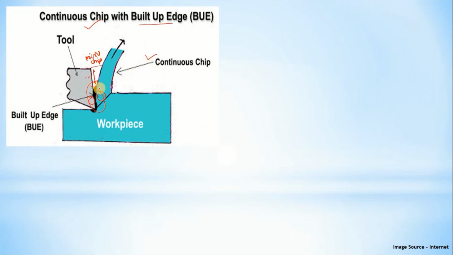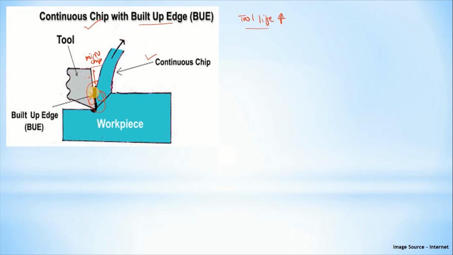Due to that built up edge, the tool life is increasing, but there are some adverse effects, such as a rough surface finish on the workpiece whenever the built up edge is formed on the rake face. That will fluctuate the cutting force, causing vibration on the cutting tool.